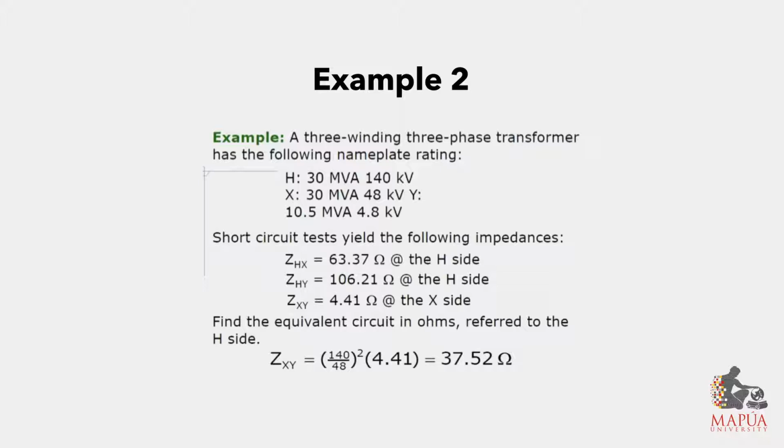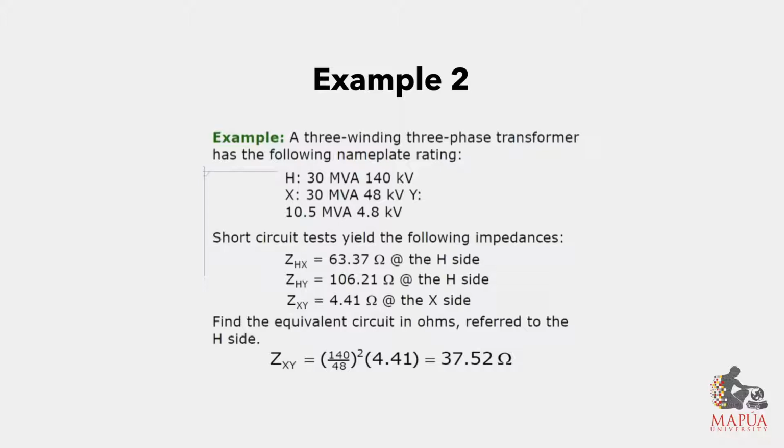Now, the short circuit test will yield the following impedances. ZHX is 63.37 ohms at the H side. ZHY is 106.21 ohms at the high tension side H, and ZXY is 4.41 ohms at the X side, the low tension side.